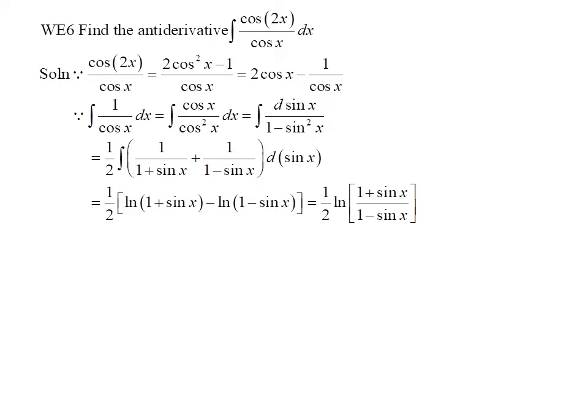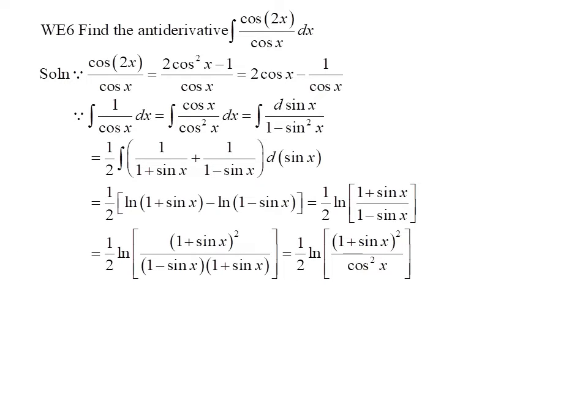After being integrated, it equals 1 over 2 times (ln of 1 plus sine x minus ln of 1 minus sine x), which can be further simplified to ln of modulus of sec x plus tan x plus a constant c1.